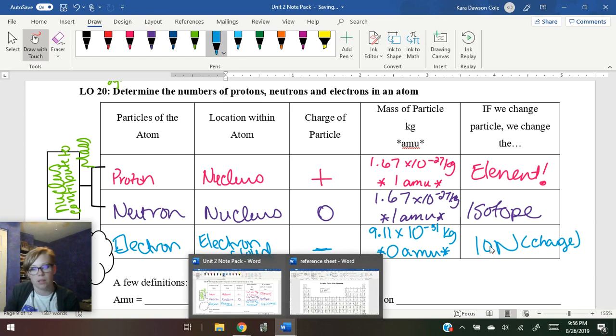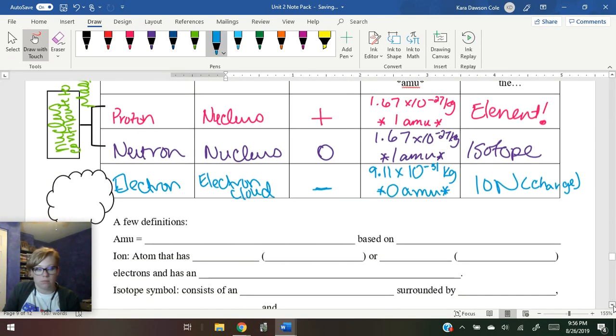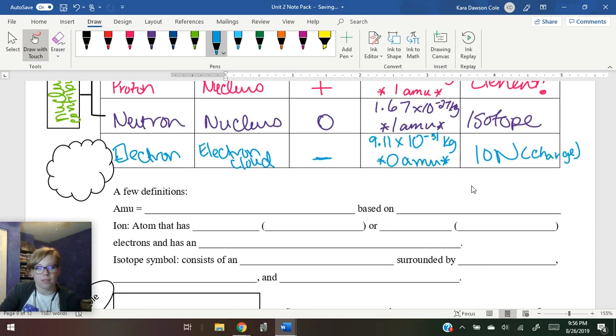Now the electron gives rise to the properties of the elements. So the properties of the atom are determined by the electrons and how the electrons are in the electron cloud.